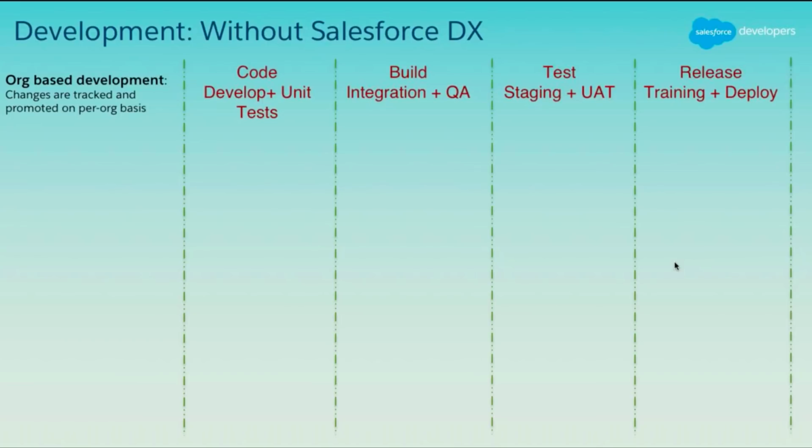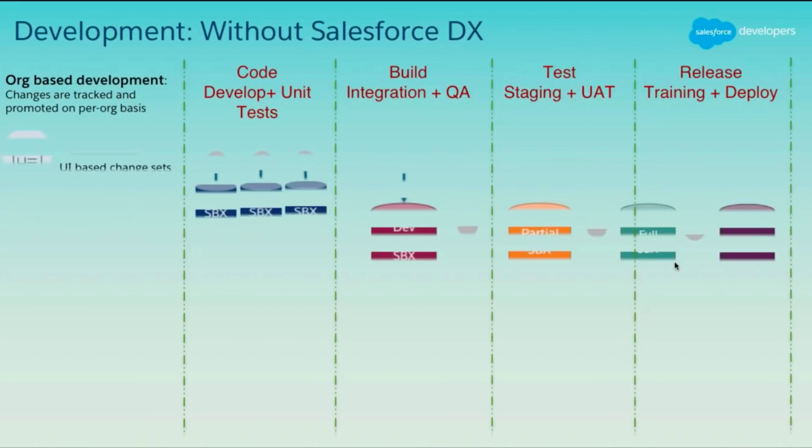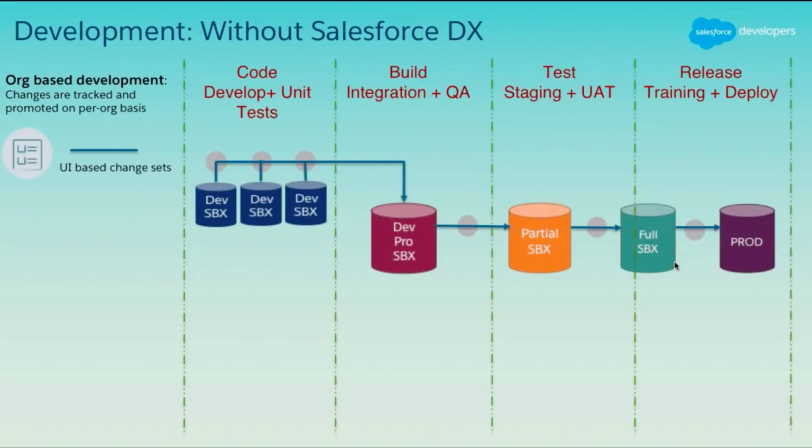Let's see that. When you develop an application on this platform, you make the changes, and that's all done in the org, right? You make the changes, and then probably you want to use a change set. So for all the UI-based changes, you go to Setup and click on Create Change Set, and whatever components you want to add to the change set, you add there, and then you just promote it from one org to the other org.